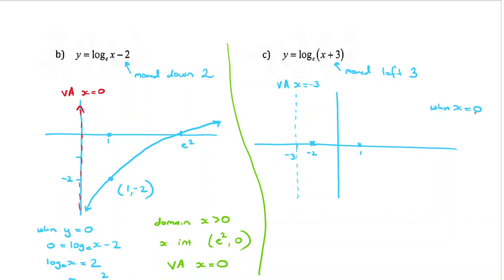When x equals 0, y equals log base e of 3, because 0 plus 3 is just 3. That's just going to be here. Ln of 3, and there is my curve. Have I labelled everything? I think so.